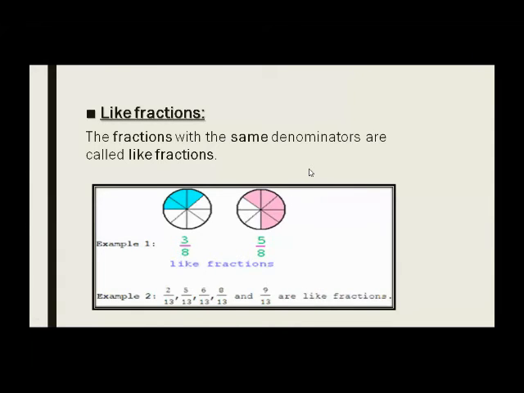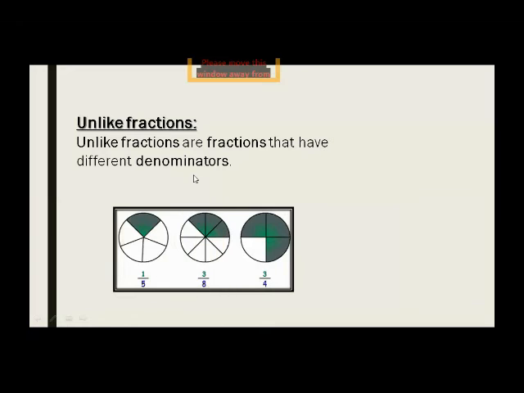Now move towards the next topic, that is unlike fractions. Unlike fractions are fractions that have different denominators. In like fractions, denominators are same. In unlike fractions, denominators are different. Now, this is 1 upon 5, 3 upon 8, 3 upon 4.